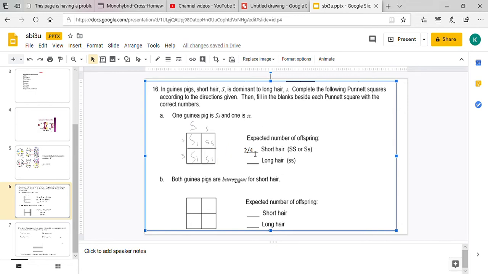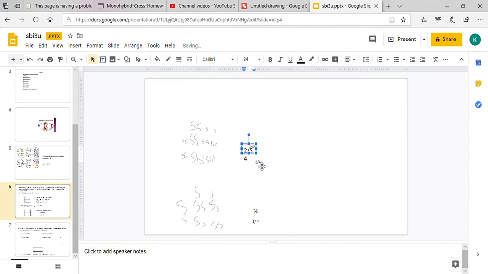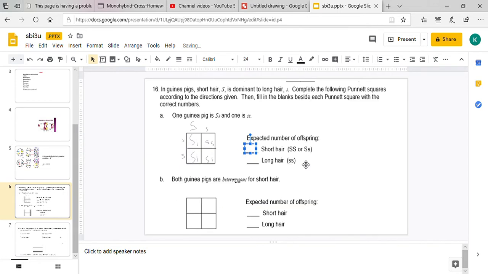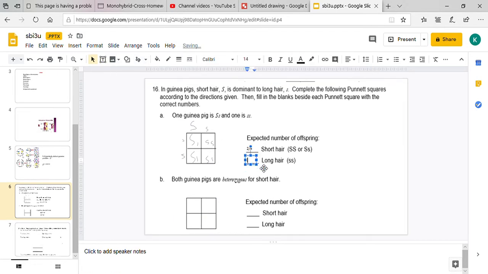So basically, the possibility for long hair is also 50%. 2 in 4 here, and 2 in 4 over here as well.